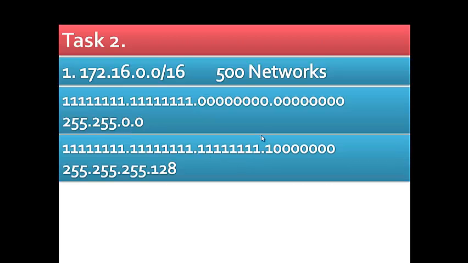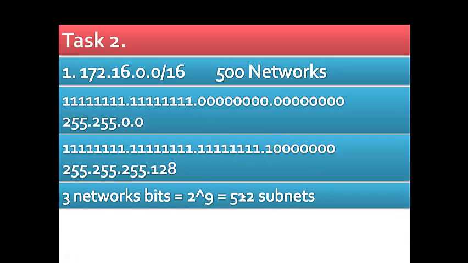Here we need 9 bits. You can go through the chart I will give you, and you will find that you need 9 network bits to make 500 networks. The possible number of networks is 512, so if we make 512 networks, the 500 network requirement will be fulfilled. Here I open 9 bits of network, which means 512 networks in total, and we need 500. My requirement is fulfilled. And here only 7 bits of host remain.